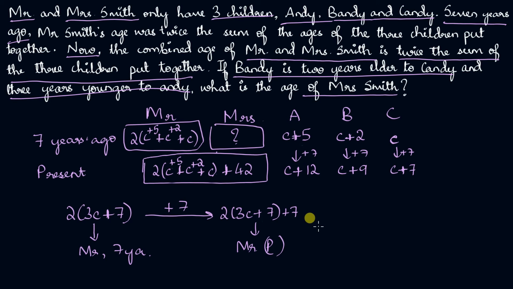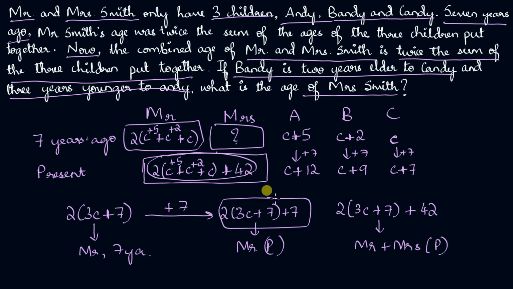And if we look at this quantity, the one right here, of course, it is 2 times, what am I doing? 2 times 3C plus 7 and a 42. Now this is Mr. and Mrs. in the present.